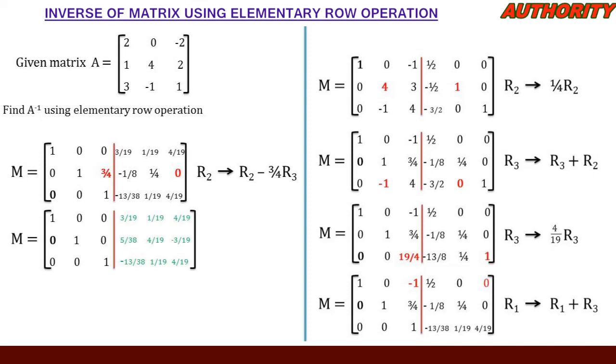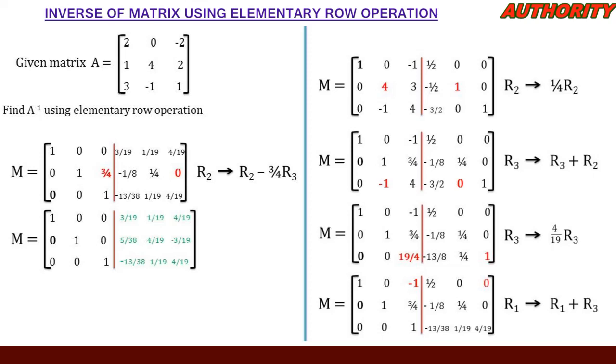Now the next one, in row 3 we have 1. So 1 multiplied by 3 all over 4 is equal to 3 all over 4. Now subtracting 3 all over 4 from the element in row 2, which is 3 all over 4, we have 3 all over 4 minus 3 all over 4, which is equal to 0. All right, moving to the next one, in row 3 we have minus 13 all over 38.